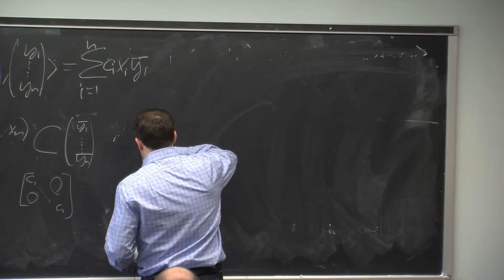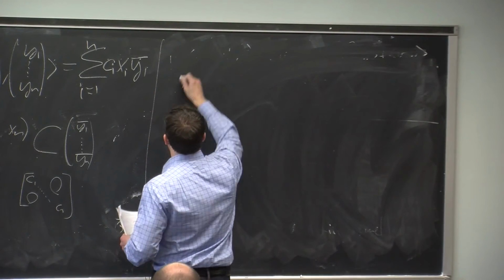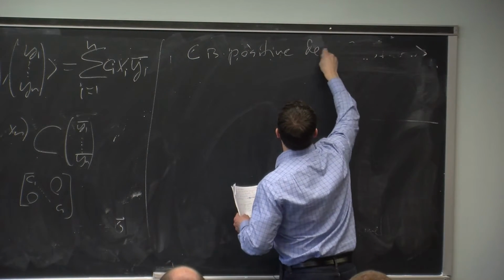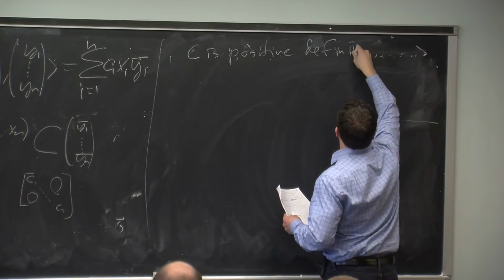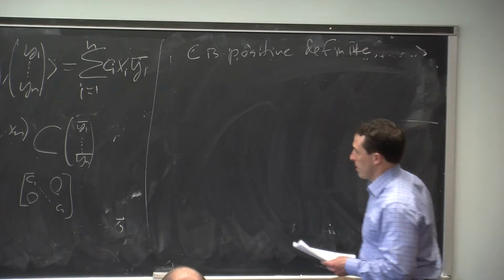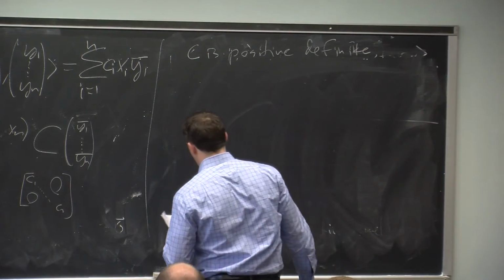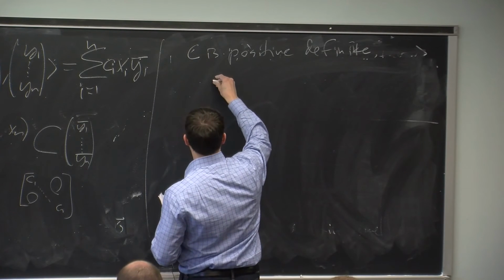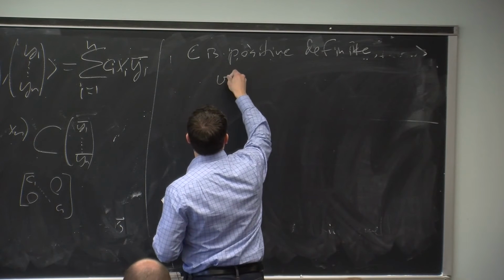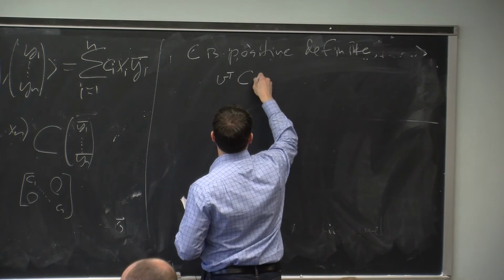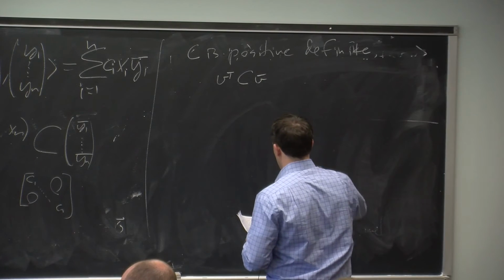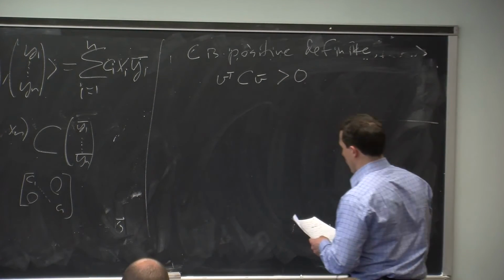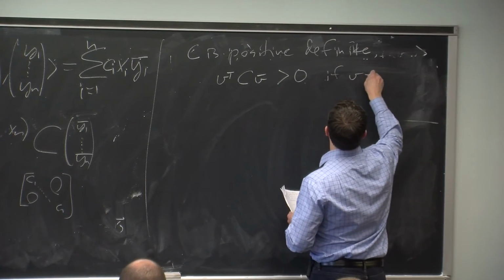And the condition that C must have is that C is positive definite. So only some matrices allow those first two axioms to be satisfied, writing the inner product that way. That is, if V transpose C V conjugate has to be greater than 0 if V is non-zero.